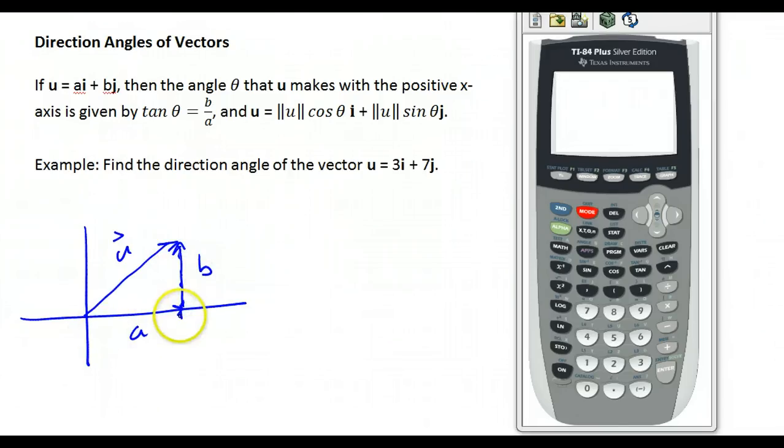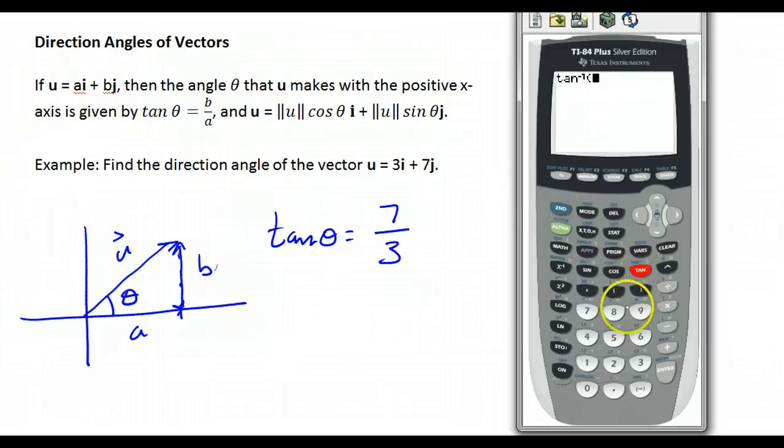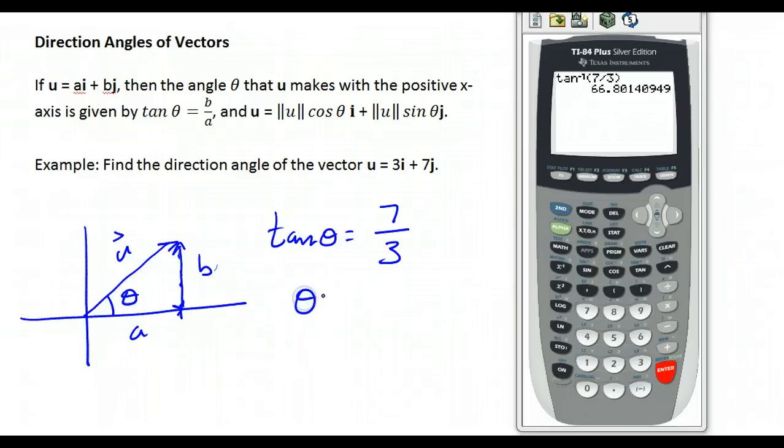Okay, it's going out horizontally a and up vertically b. Then here's theta, and remember that the tangent of theta is the opposite over the adjacent, so that means that the tangent of theta is b over a. Okay, so let's find the direction angle for this vector. Well, the tangent of theta is b over a. And we get our calculator, and it's in degree mode. So I go second tangent 7 divided by 3. And it's about 66.8 degrees.